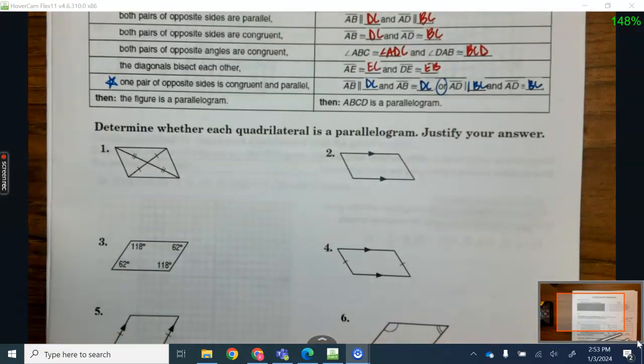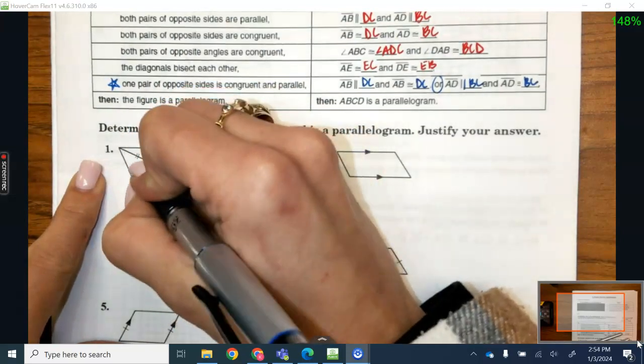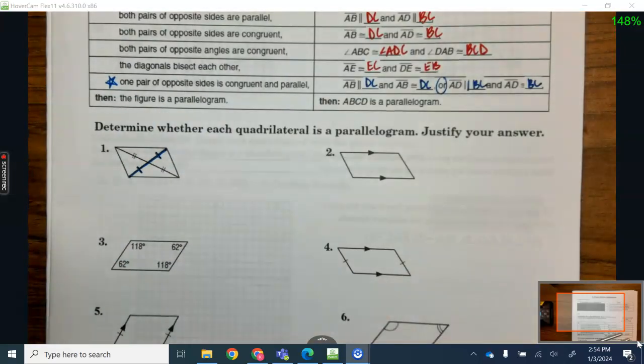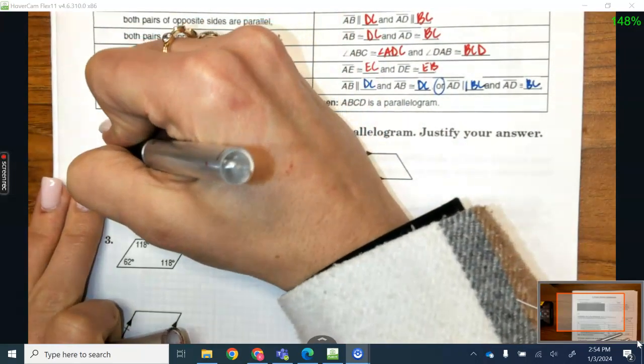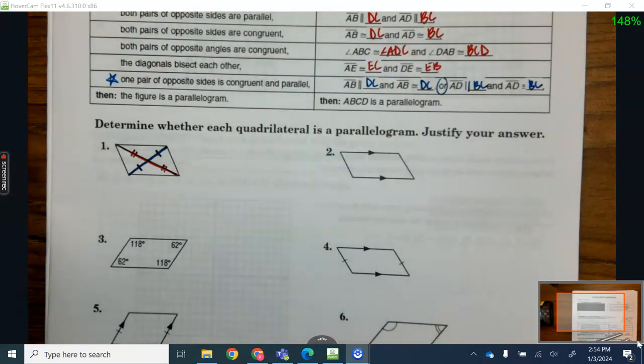Because these tick marks are on the insides on the diagonals. So right here, let's say this diagonal right here, it is saying that this piece is congruent to this piece. And on this diagonal, it's saying that this half is congruent to this half. So my diagonals are both cut in half, meaning that they are being bisected.